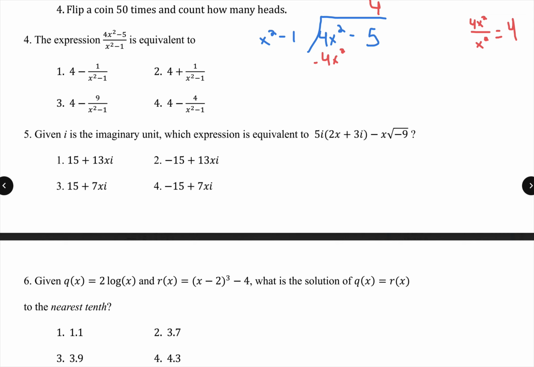Subtracting that, 4 times negative 1 is negative 4, but you know I'm adding 4. What am I left with? My remainder is negative 1, so what's my answer? 4, and then plus a negative 1, so it's got to be minus 1 over x squared minus 1, which is answer choice number 1. Looking good.